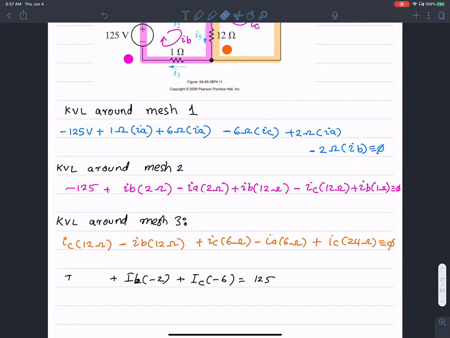So this is equation 1. Second equation: IA times negative 2 plus IB times 15 plus IC times negative 12 is 125 as well.